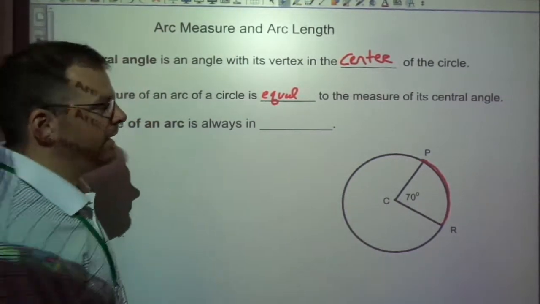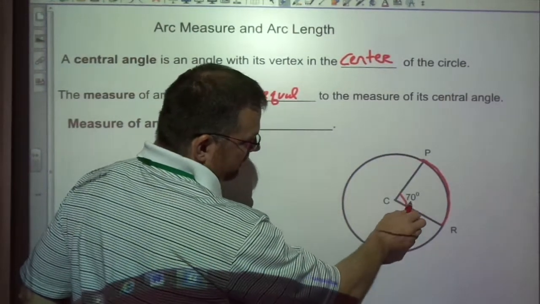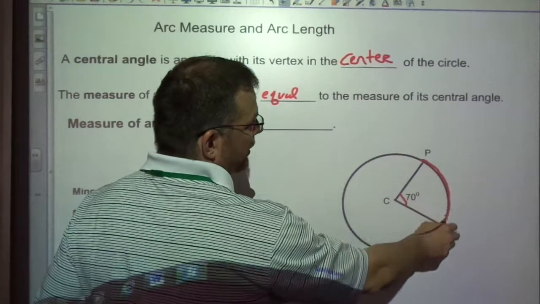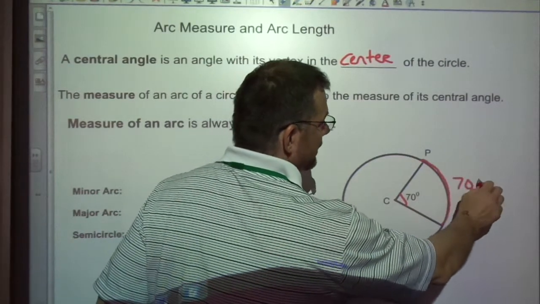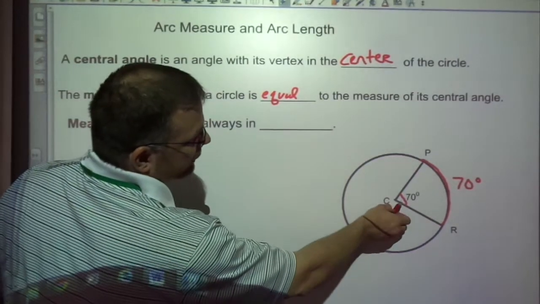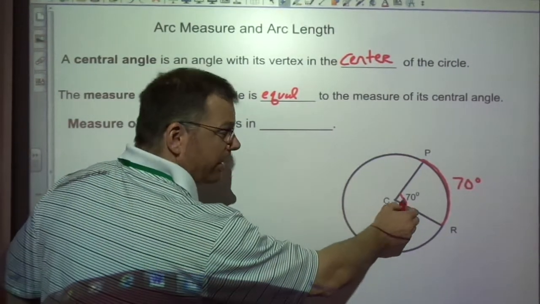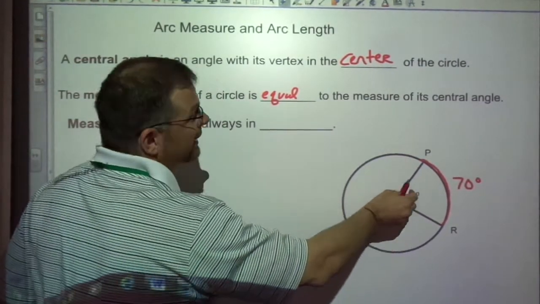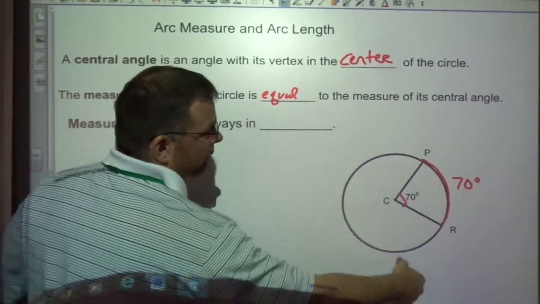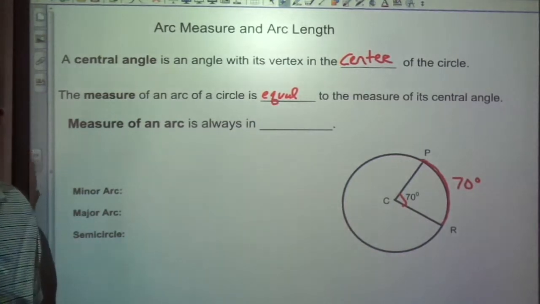So that means if this angle here is 70 degrees, then the measure of this arc is also 70 degrees. Going all the way around the inside of the circle is 360 degrees. Same thing with the measure of arcs: all the way around the circle is 360 total degrees.